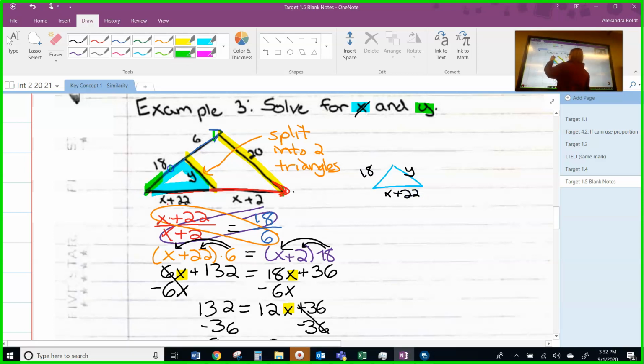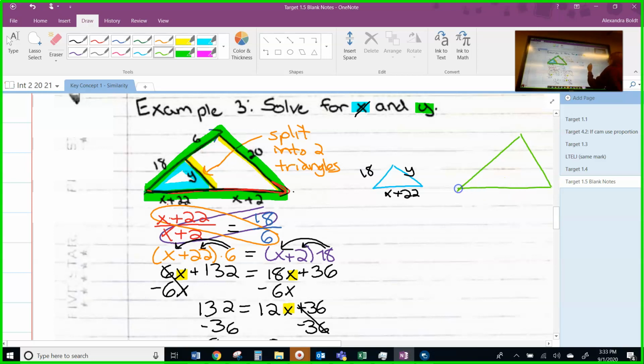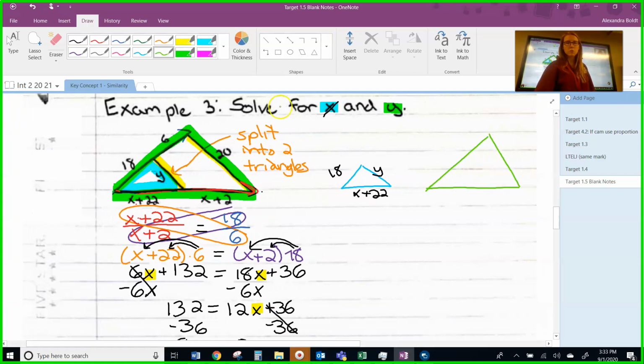And then we have our big triangle. Move this over a little bit so we have some more space over there. And here we're going to have 18 plus 6, and 18 plus 6 is 24.